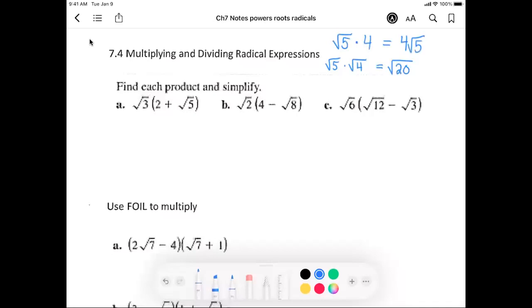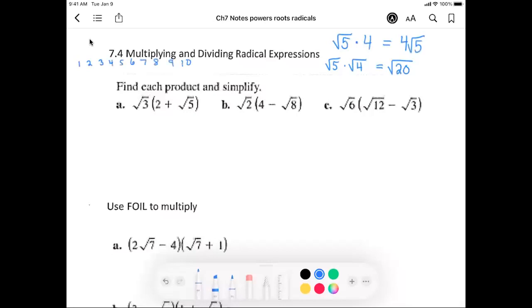Something else that's important to note is that when we're simplifying radicals, we need to remember the perfect squares, because these radicals in this case are all square roots. So in order to simplify square roots, you would need to know the perfect squares. You can find them by taking any integer like 1, 2, 3, 4, 5, 6, 7, 8, 9, 10.